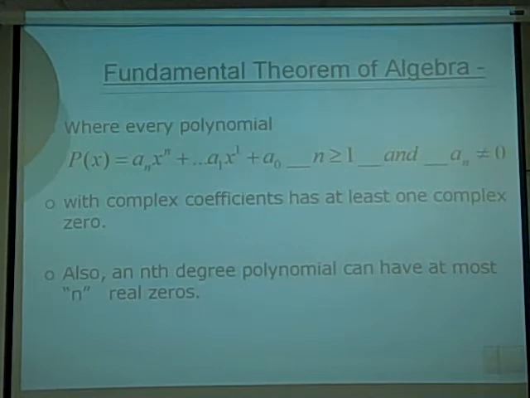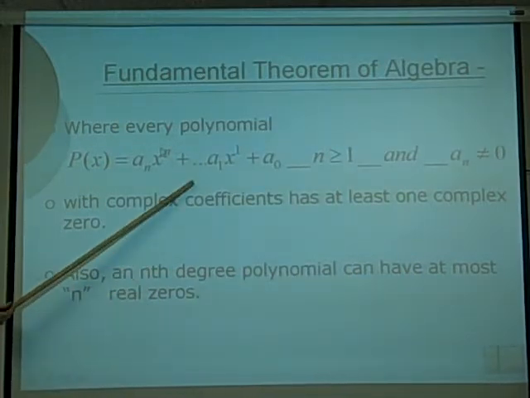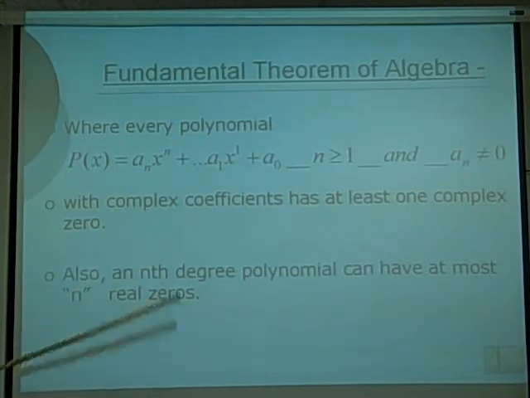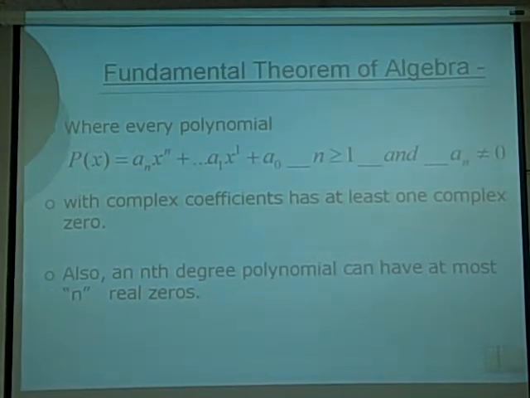And all nth degree polynomials can have at most n real numbers. So we look at our exponent. If our exponent, for example, is a 5, then that means we can have at most 5 real solutions, or 5 real zeros. So sometimes that might be useful for us to know.